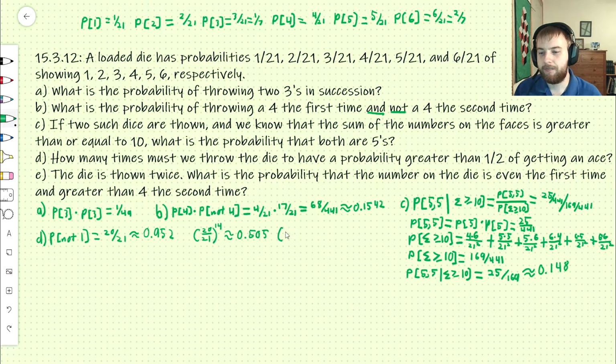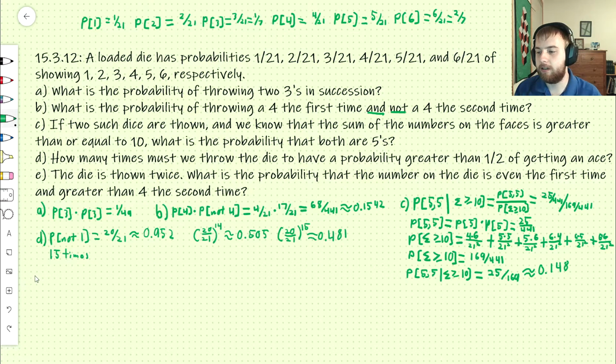And then if we do a 15th multiple, this takes us over the 1/2 edge and ends up with approximately 0.481. Okay, so this means that at 15 is where the probability is greater than 1/2. So the answer to D is 15 times.